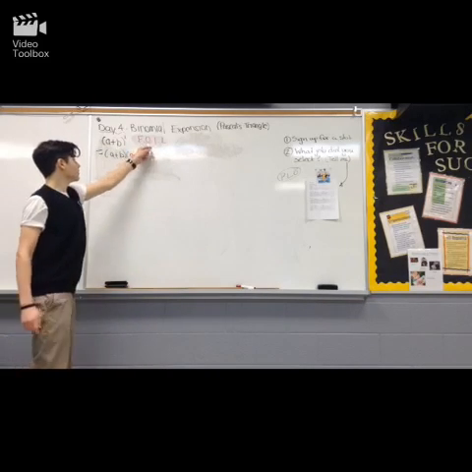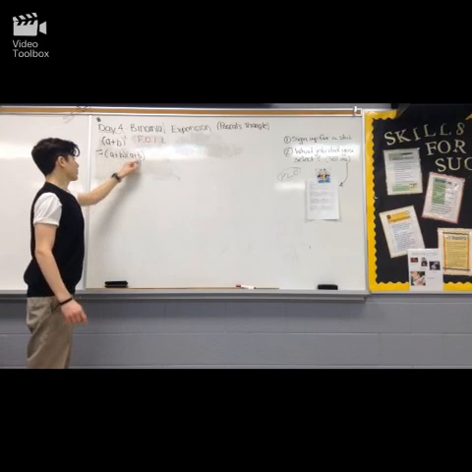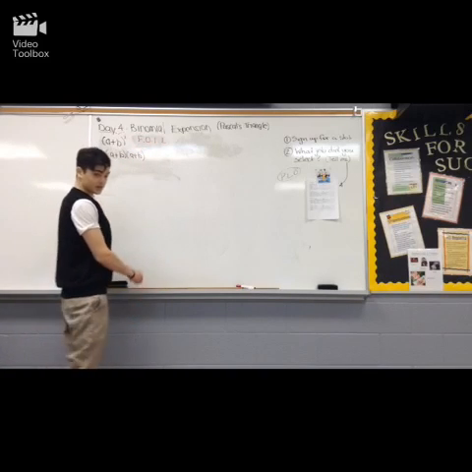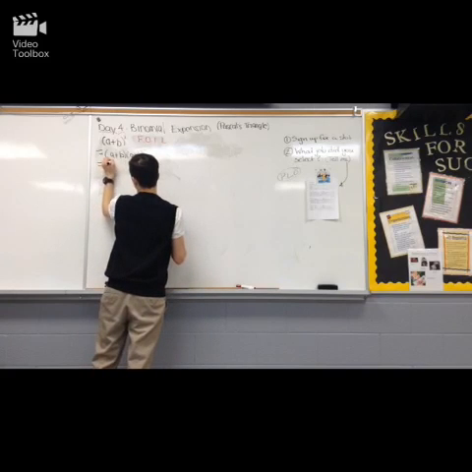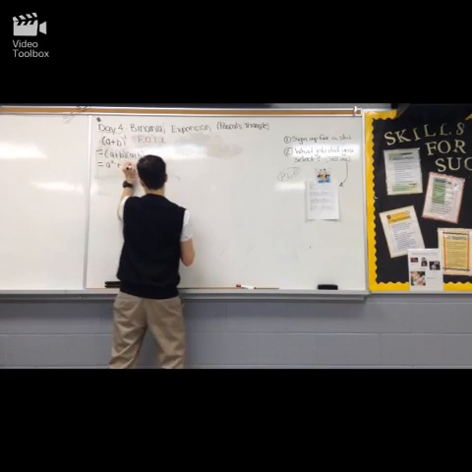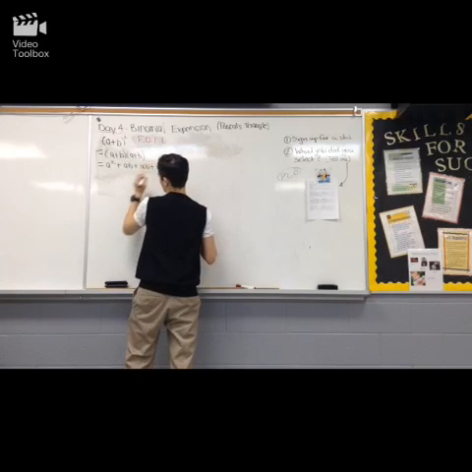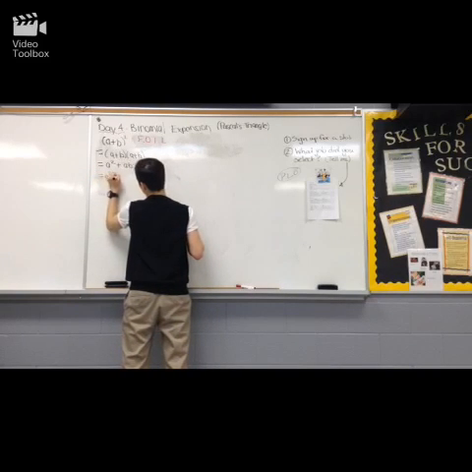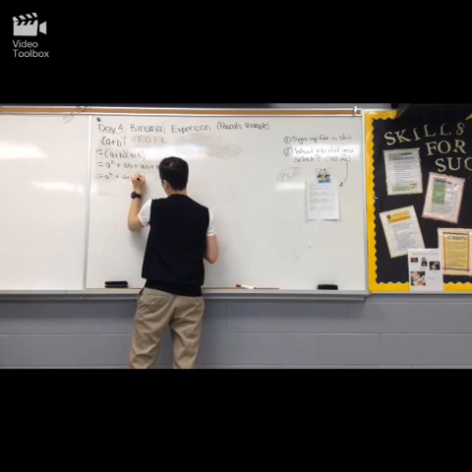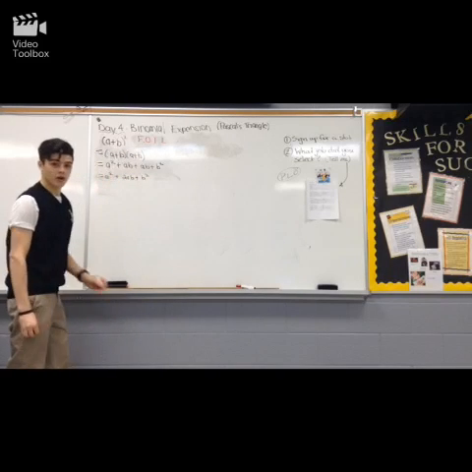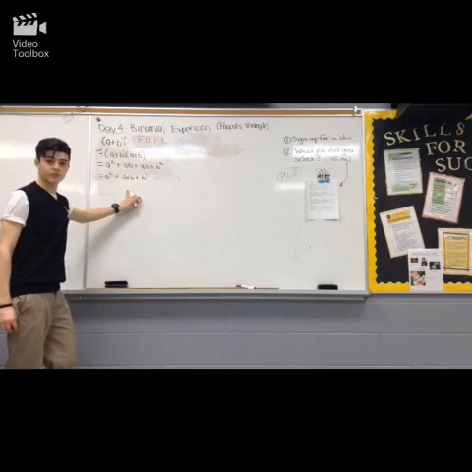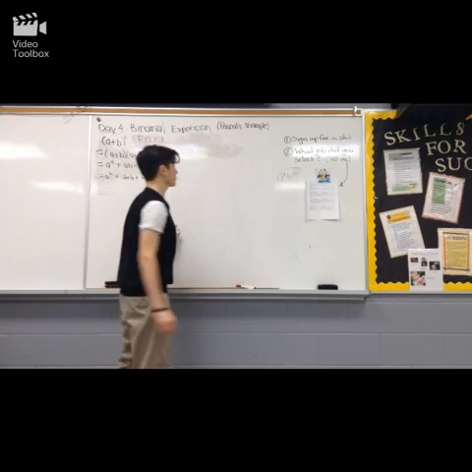Then we'd use FOIL to insert one into the other, and then collect like terms, like so. And that would be your final answer, because you can no longer break it down and collect like terms.